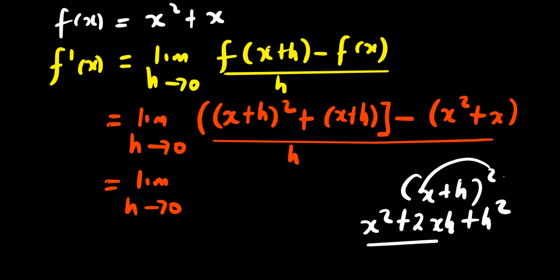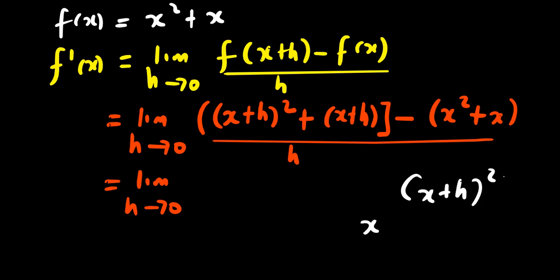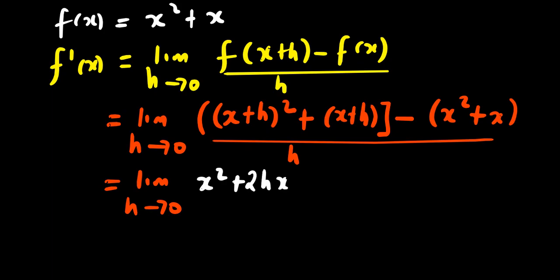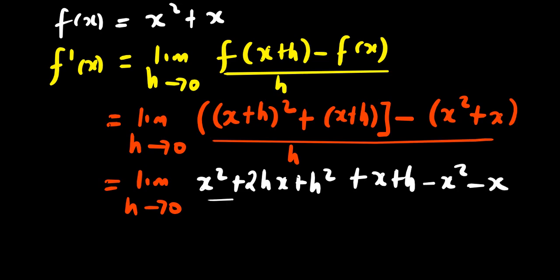We say this is a shortcut way of solving such an expression. So I'm going to have x squared plus 2hx plus h squared for the first expression. Now remember I've got an x plus h, so I'm going to write plus x plus h. Then on the far end I'm multiplying by the negative, so I'm going to distribute this negative. I'm going to have negative x squared, negative x, everything over h.